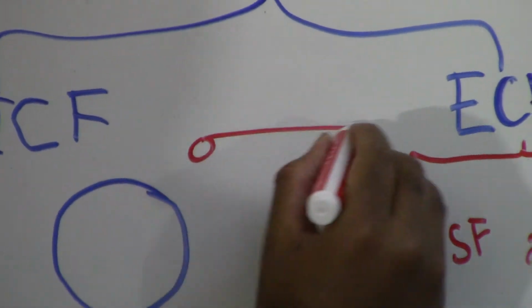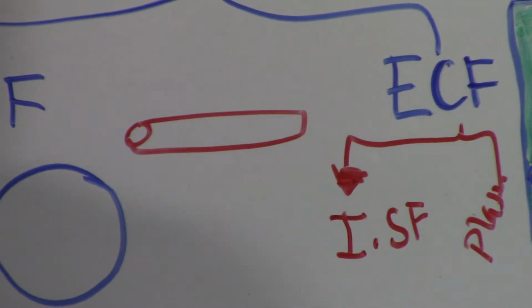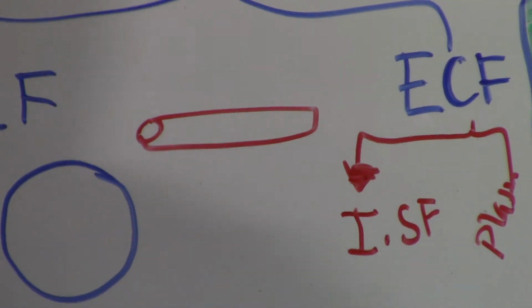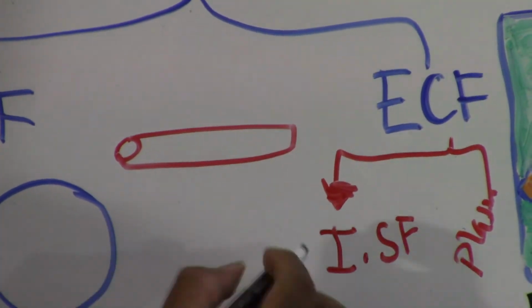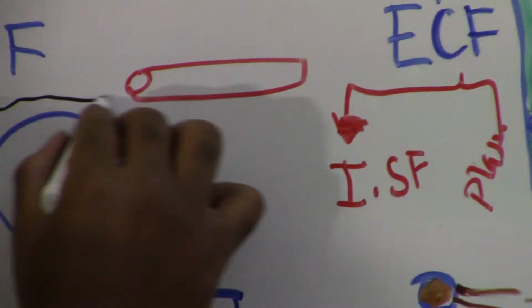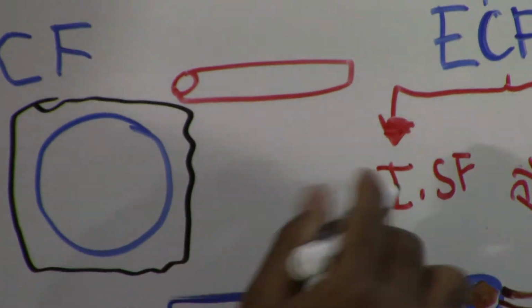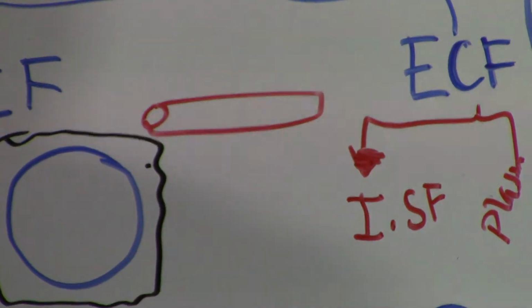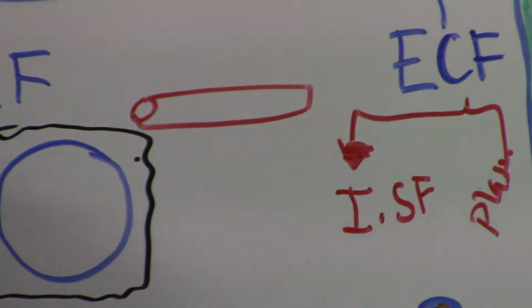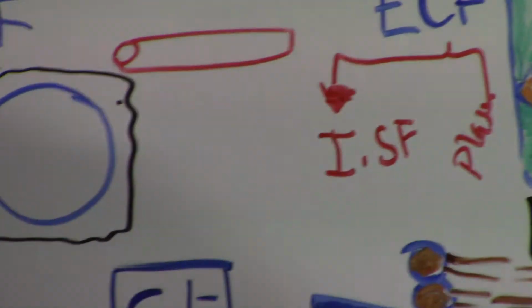So we have plasma in these blood vessels, and we also have the extracellular or interstitial space. So this is the interstitial space, and this is the blood vessels. The interstitial space plus the plasma in the blood vessels will give us the extracellular fluid, while the intracellular fluid remains inside of the cell.